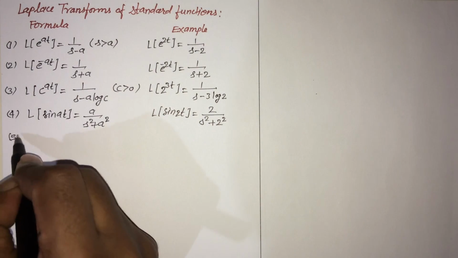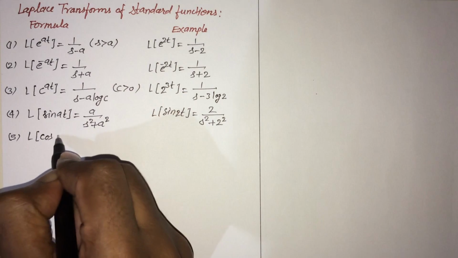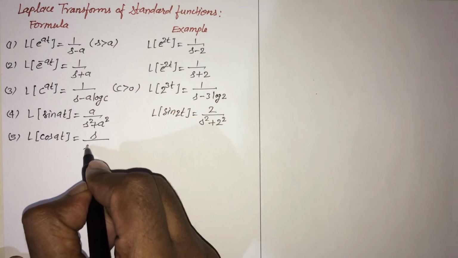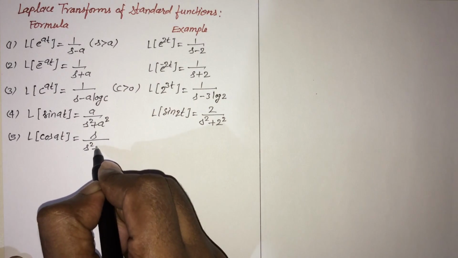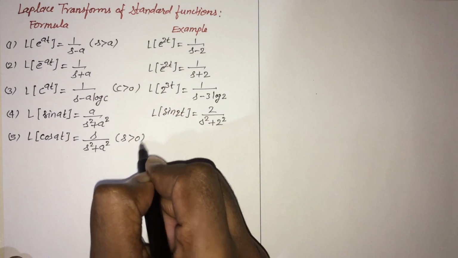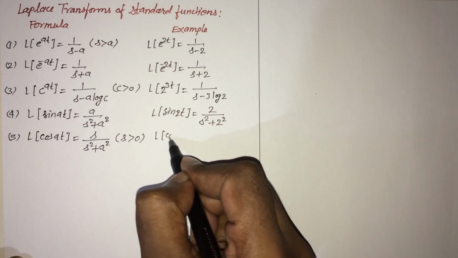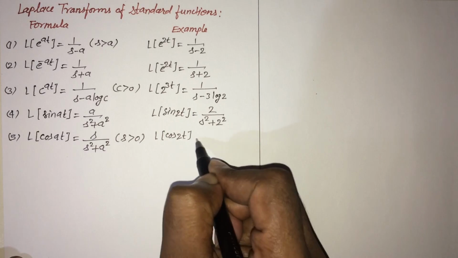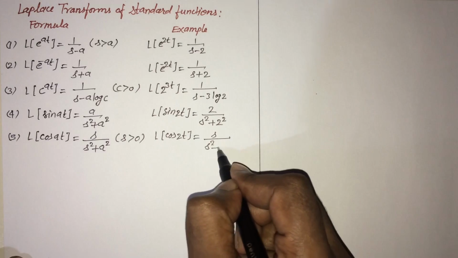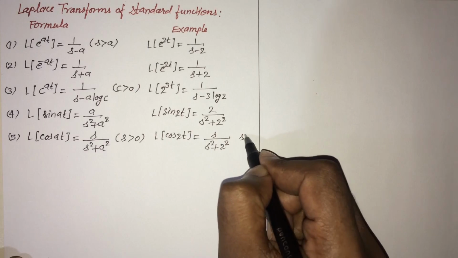Number 5, Laplace transform of cos at is equal to s upon s square plus a square, provided that s is greater than 0. An example, Laplace transform of cos 2t is equal to s upon s square plus 2 square. Here s is greater than 0.